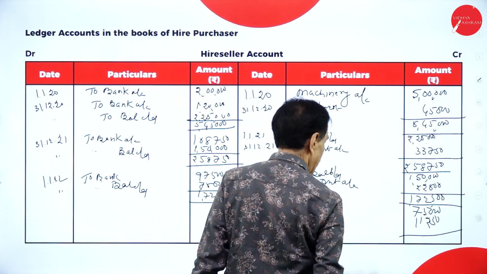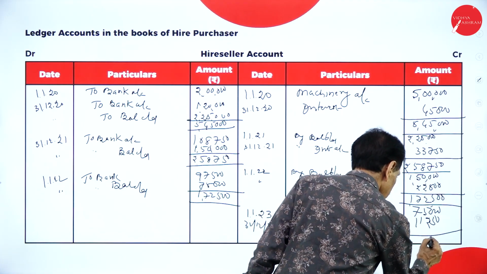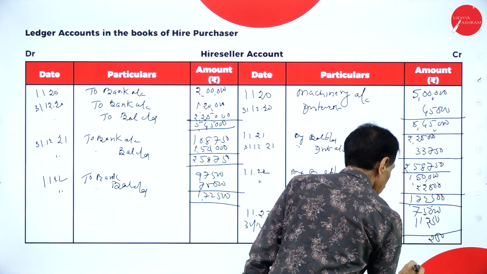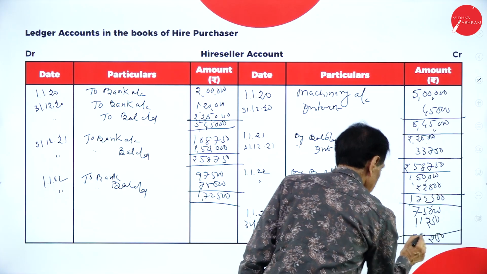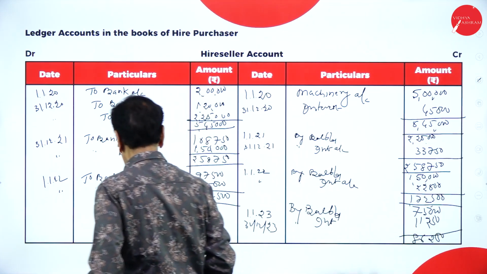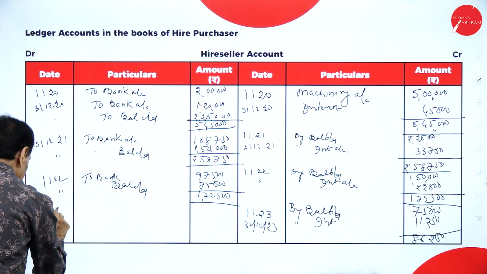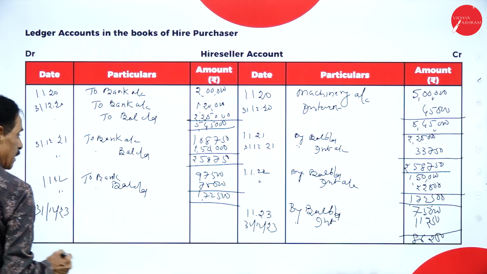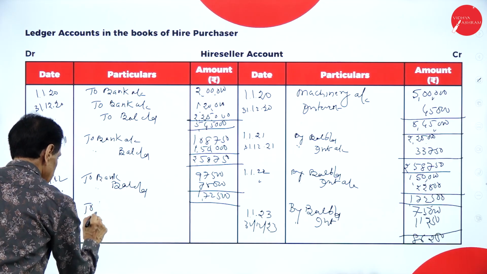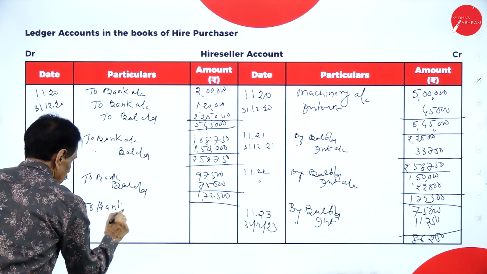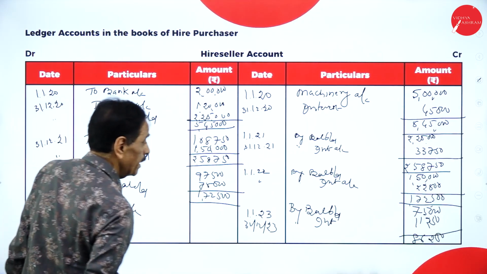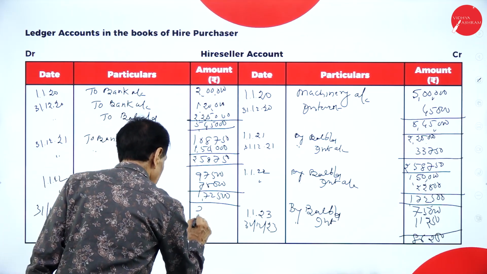Add 75,000, this is 86,250. 31st December 23, to bank account. They are going to pay 86,250.